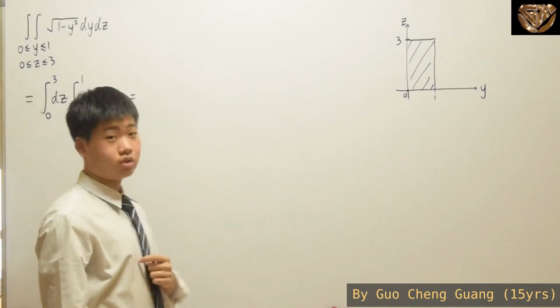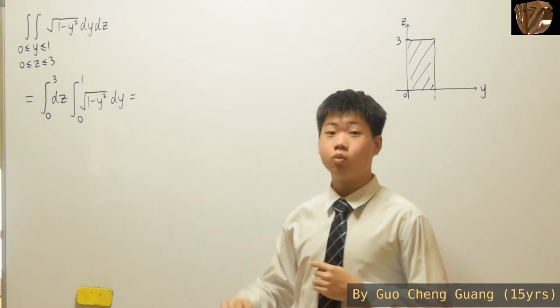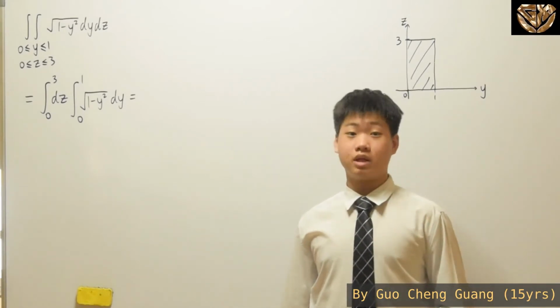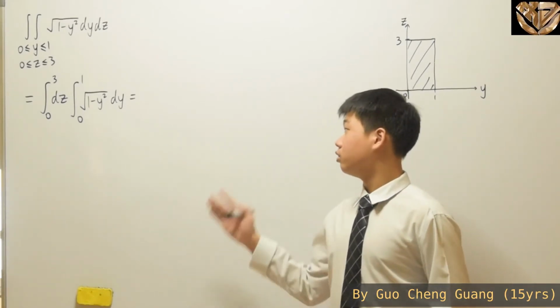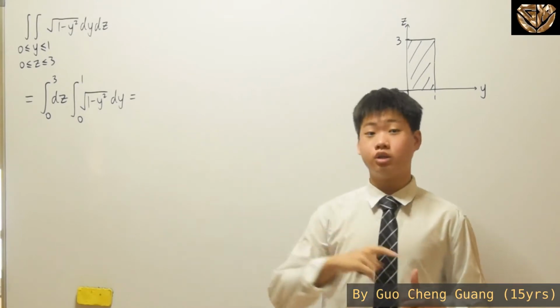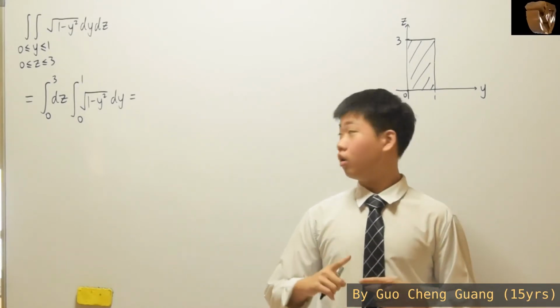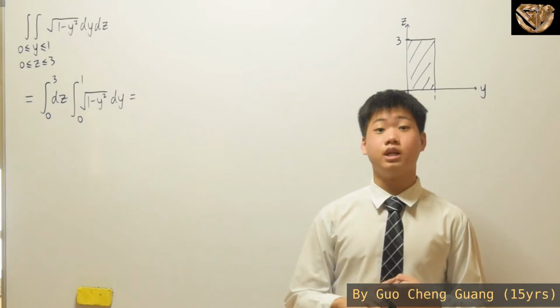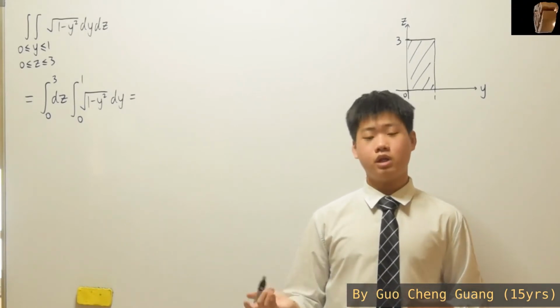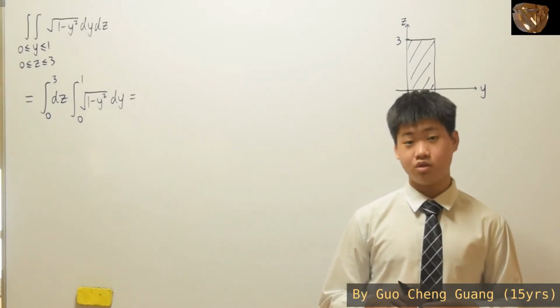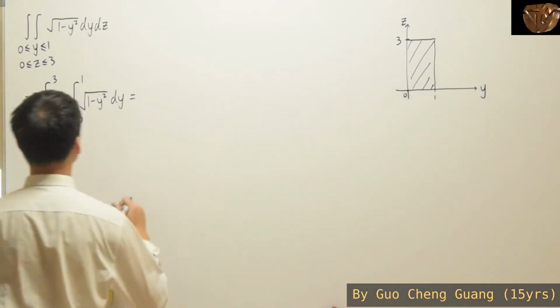But how do you integrate the term with y? Well, there are a few different methods. Firstly, you can choose to use a trigonometric substitution, or you could choose to use integration by parts. Let's take a look at the trigonometric substitution method.